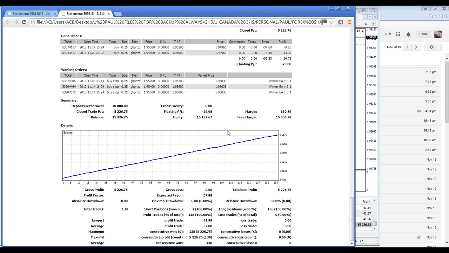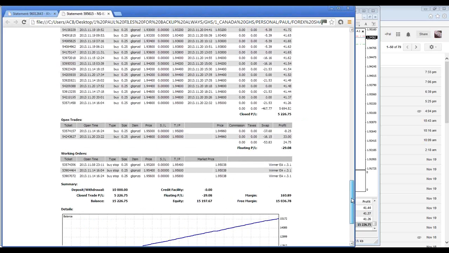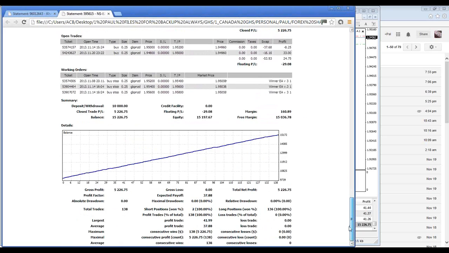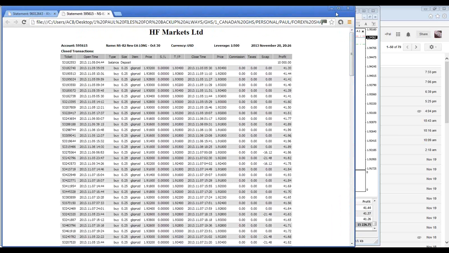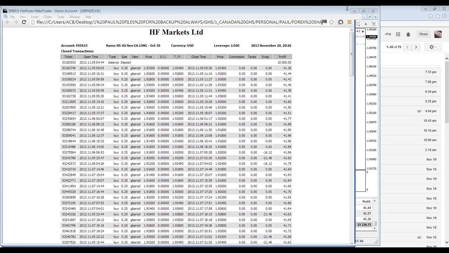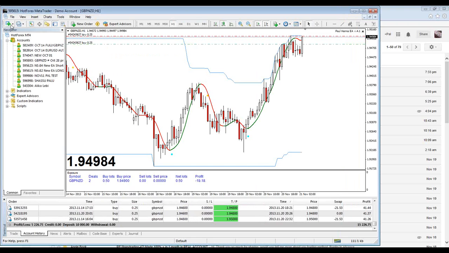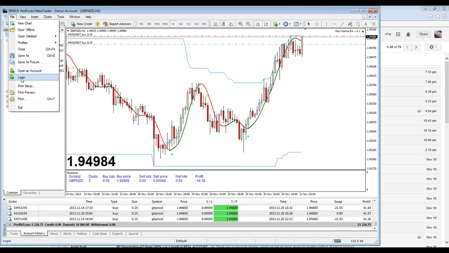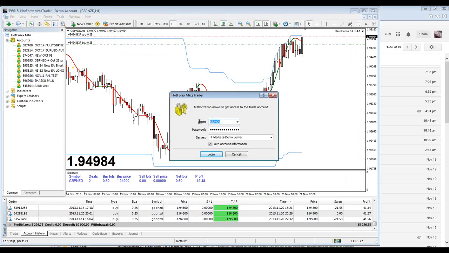So he's just running it on autopilot, and I'm very happy to see that you're running only buy. Let's see if we can see the other one, sell, also. What's the account number? That one is 595623.